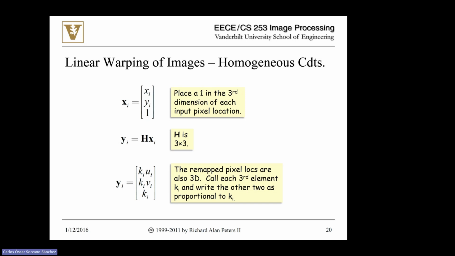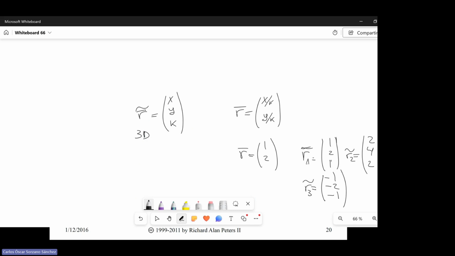Okay, so it is simply going 1 dimension more. And instead of working in 2 dimensions, I will work in 3 dimensions. But now I have 9 degrees of freedom. So before we had only 4 degrees of freedom.